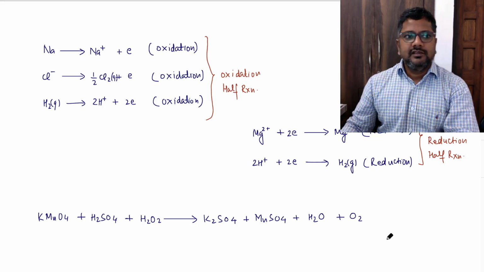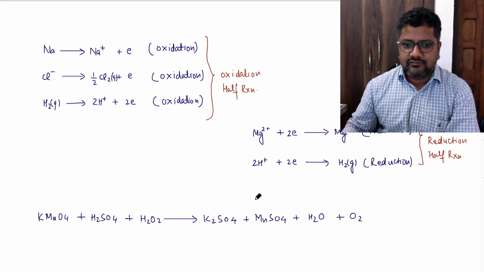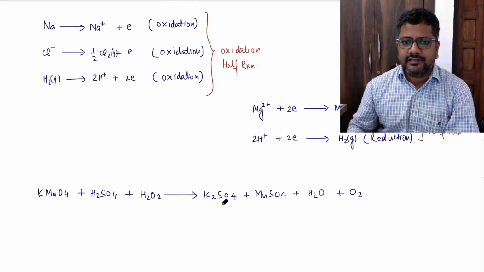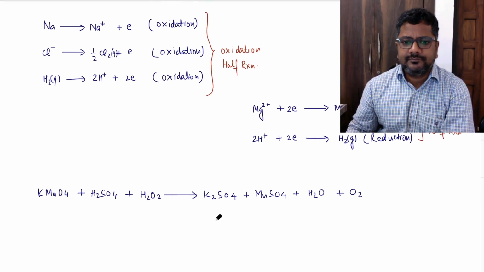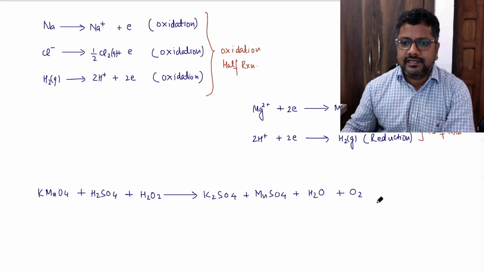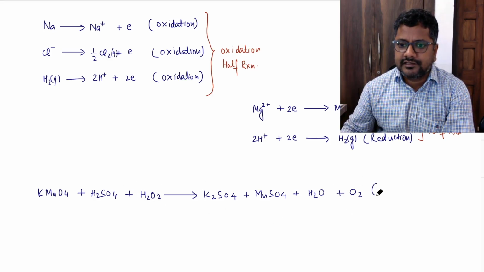Suppose this reaction is given anywhere. In this reaction, you do not find any electron, neither on the left hand side nor on the right hand side. So this is not a half reaction, this is a complete reaction.